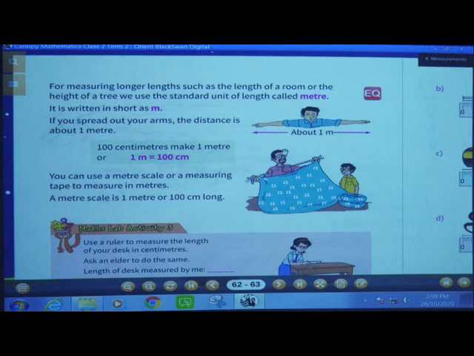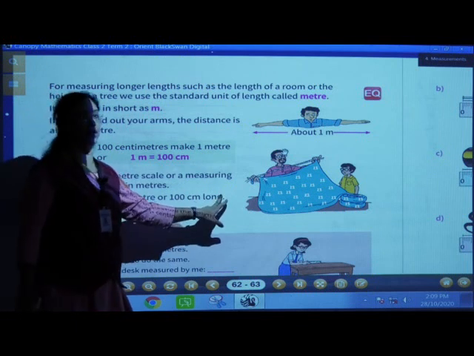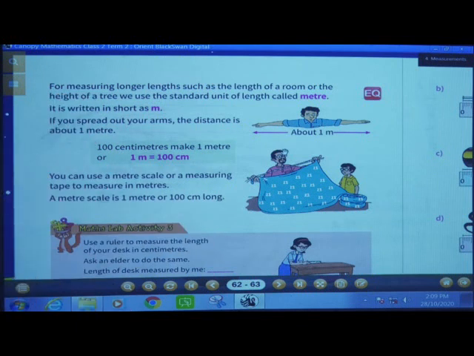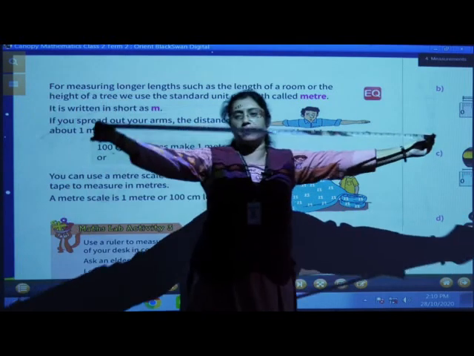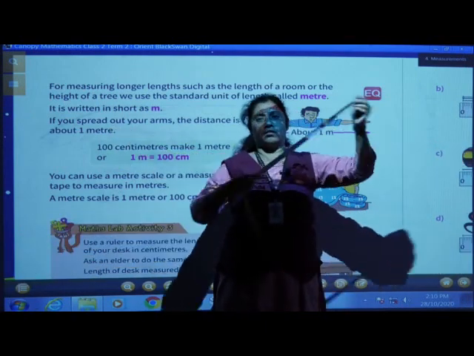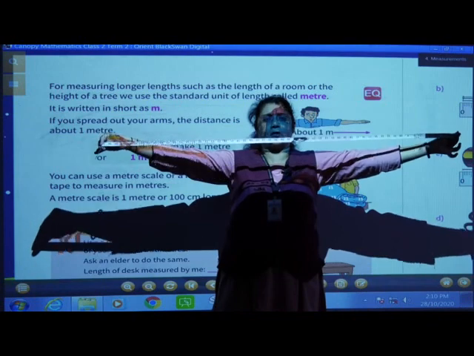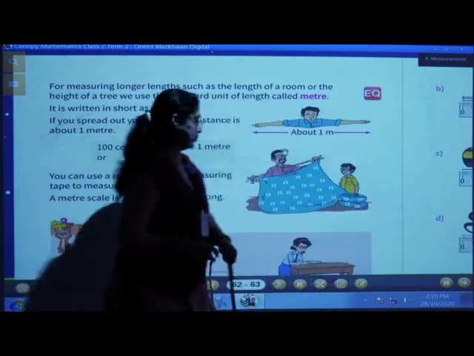I have shown you meter scale and measuring tape. A meter scale is 1 meter or 100 centimeter long. See, this measuring scale is 1 meter or 100 centimeter long.